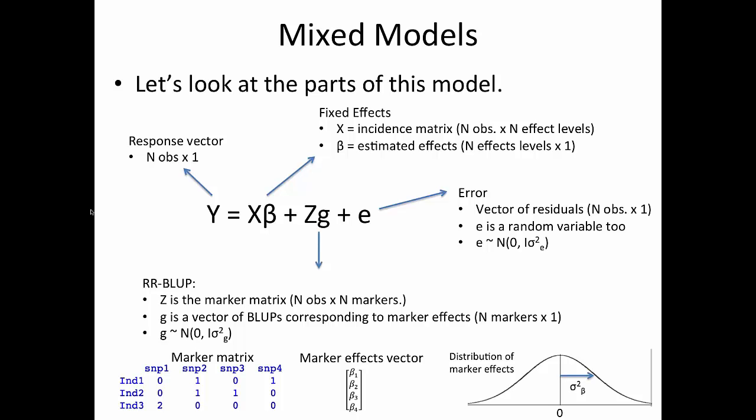And again, you can think about this as making an assumption also about the genetic architecture, that on average every marker has an effect. It's very small. On average it's 0. So this corresponds to the infinitesimal model.